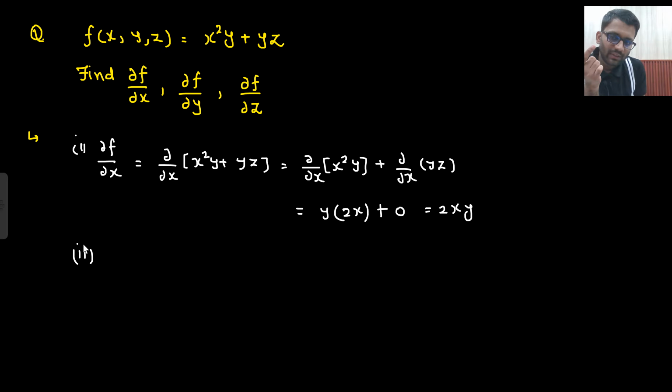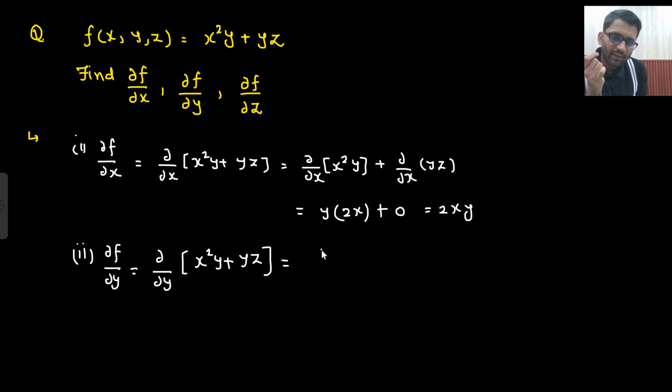Let's do the next one, del f by del y. So del by del y of x square y plus yz. That is del by del y of x square y, plus del by del y of yz.